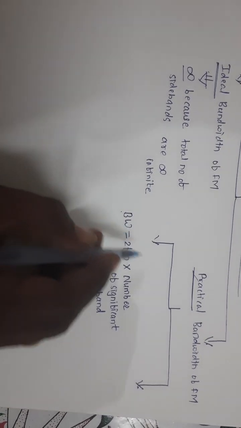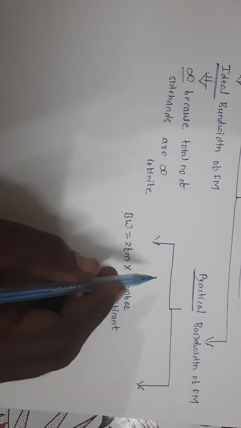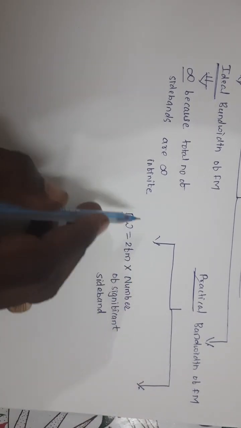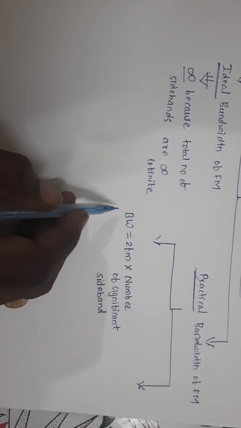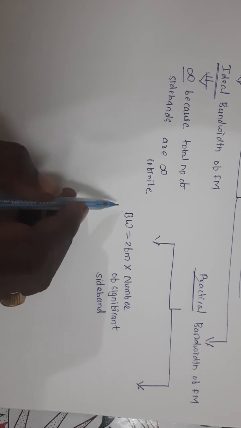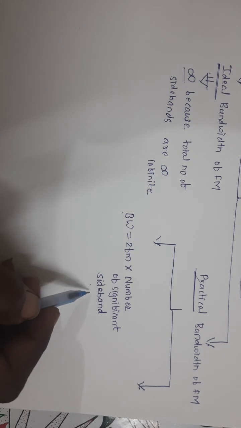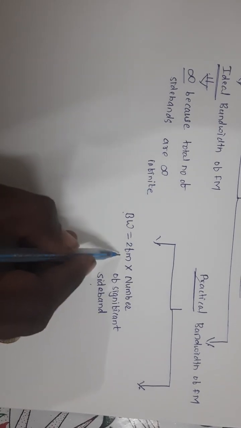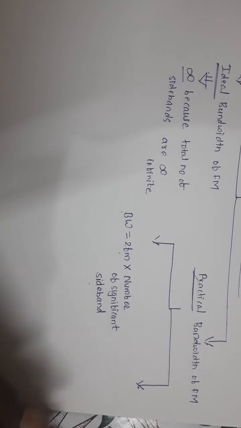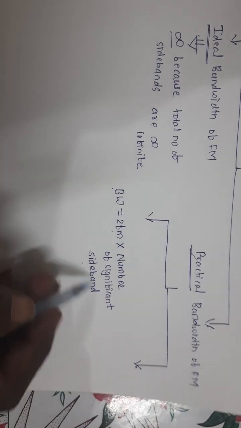FM is nothing but the modulating frequency, the frequency of the modulating signal, and the number of significant sidebands means the sidebands having significant amplitude.